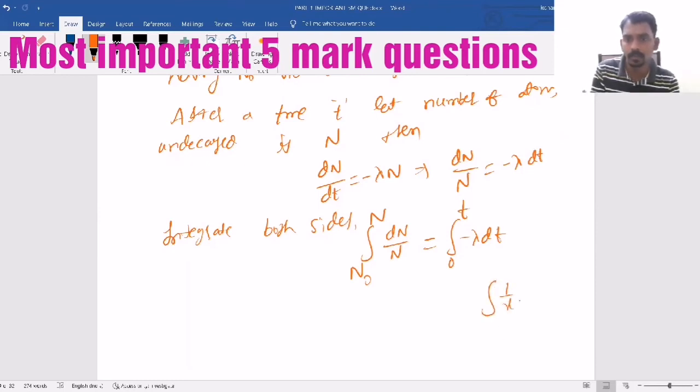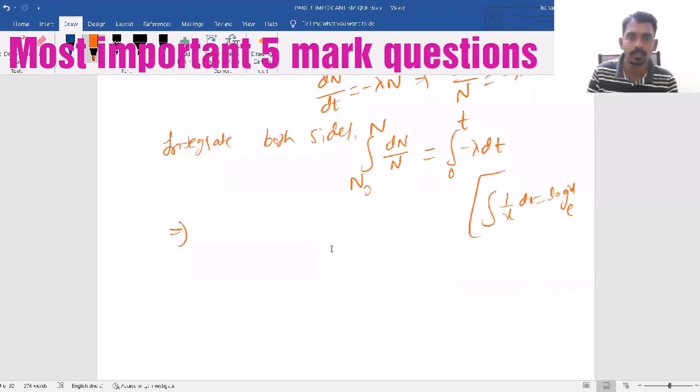Now here we use one formula: integration of 1 by x dx is log x base e. So the equation will become integration of dN by N means log N base e, from N naught to N, equal to minus lambda, which is constant, integration dt.